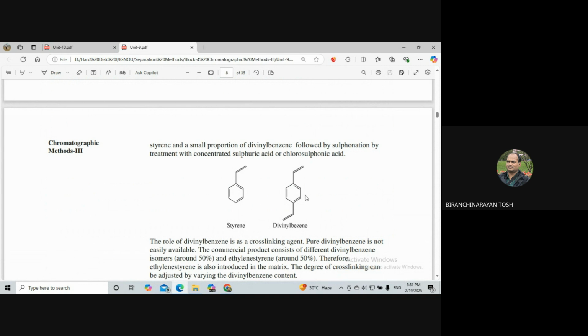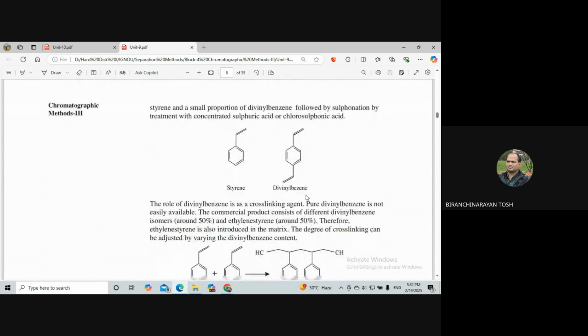A well-known cation exchange resin is obtained by the copolymerization of styrene and a small proportion of divinyl benzene followed by sulfonation by treatment with concentrated sulfuric acid or chlorosulfonic acid.